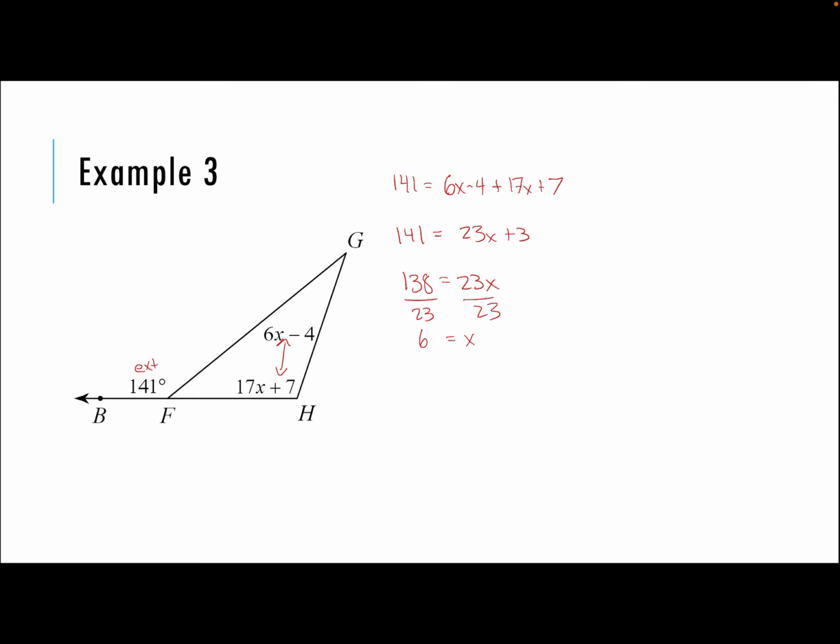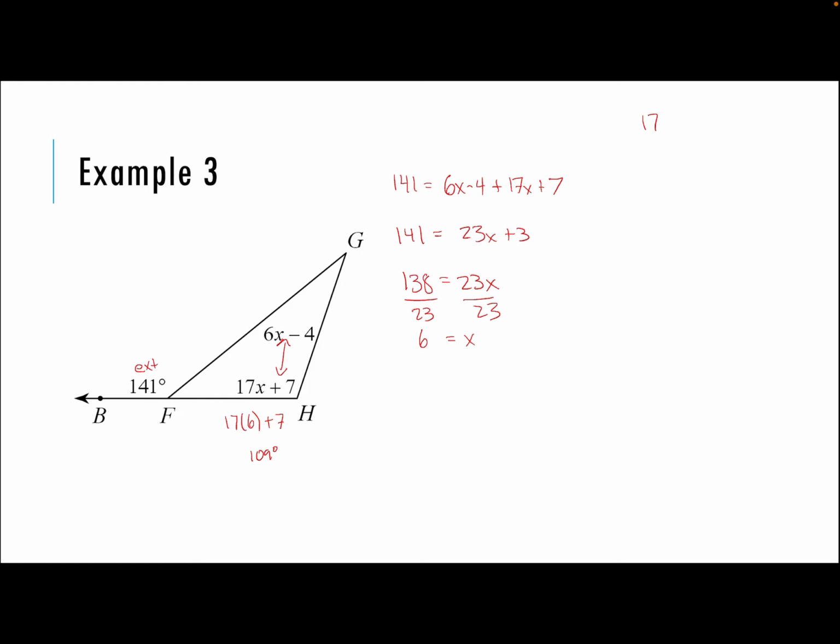And again, you should go back and check this. So if x is 6, 17 times 6 plus 7, that is, I'm sorry, 17 times 6 is 102, and 102 plus 7 is 109 degrees.